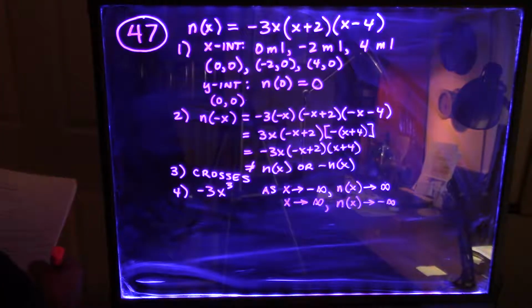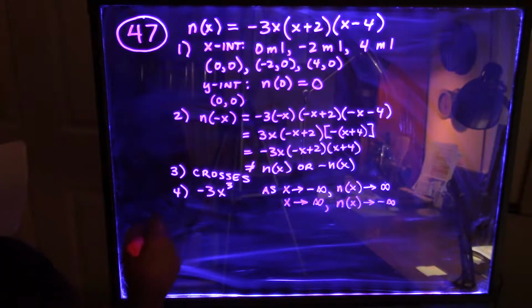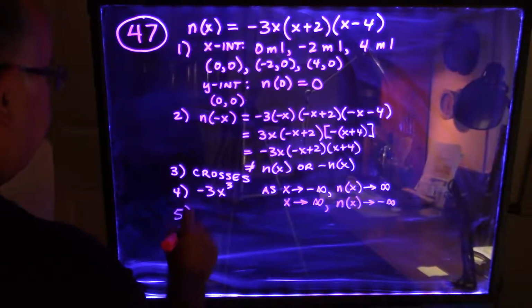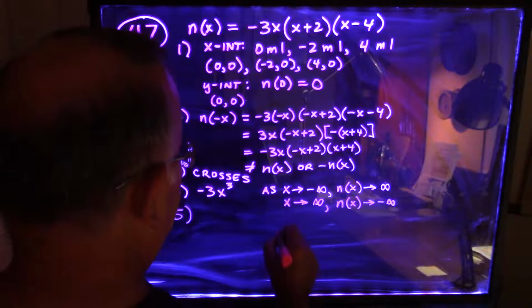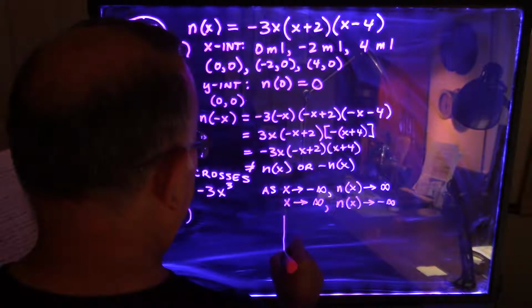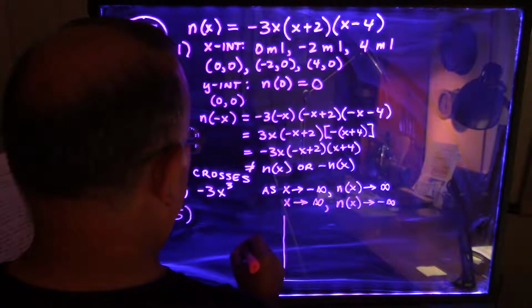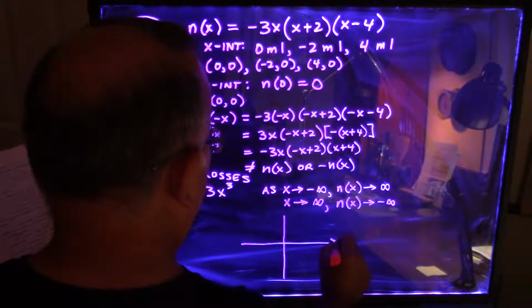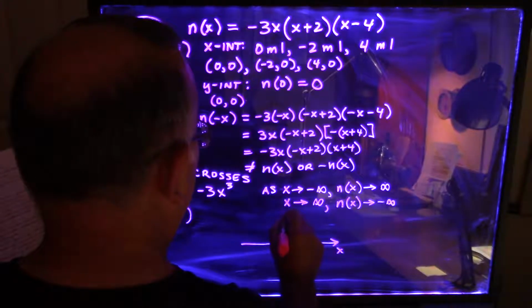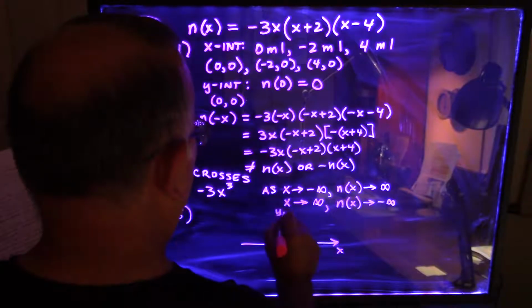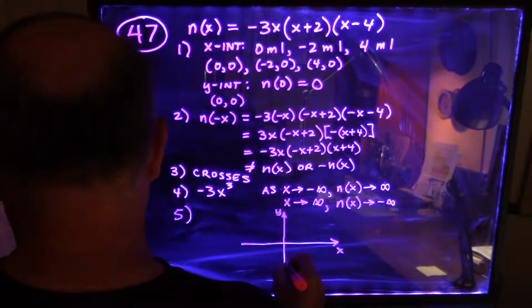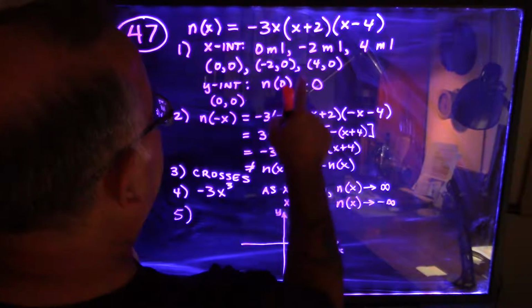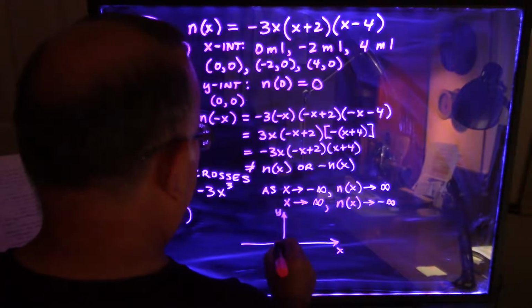Alright, so step 5, use all this information to get a rough sketch. Okay, so here we go. So we have the intercepts. We've got (-2, 0).